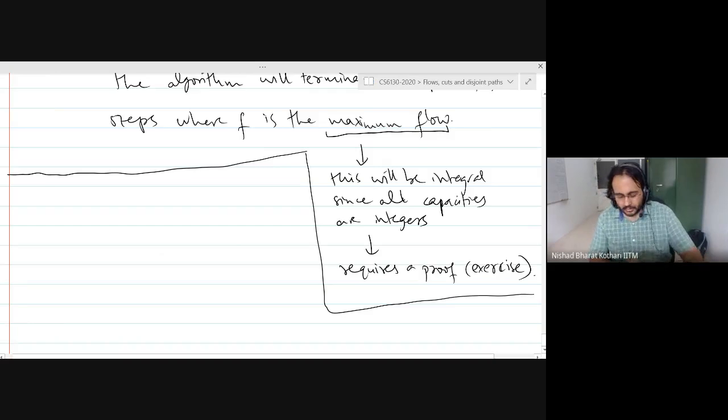So you should think about, supposing you have a maximum flow which is not integral, okay? Then you will have an incrementing path because it is, okay, sorry. If it is a maximum flow, then, let me think about this. Okay, so what you do is you assume that the maximum flow is not integral, okay?